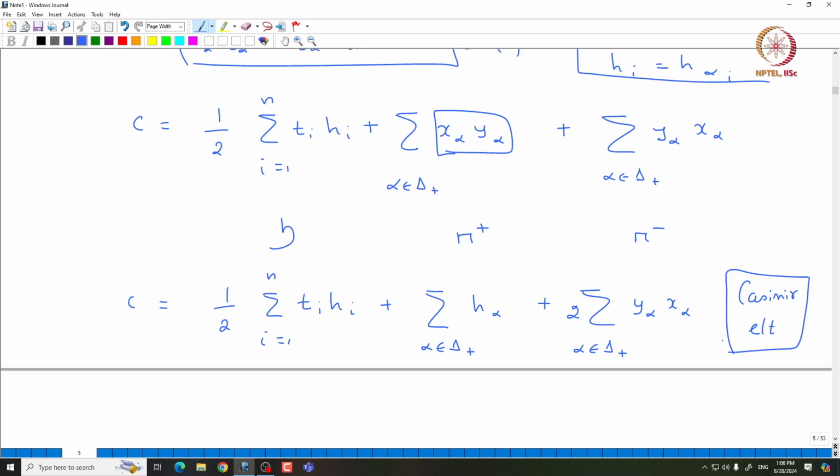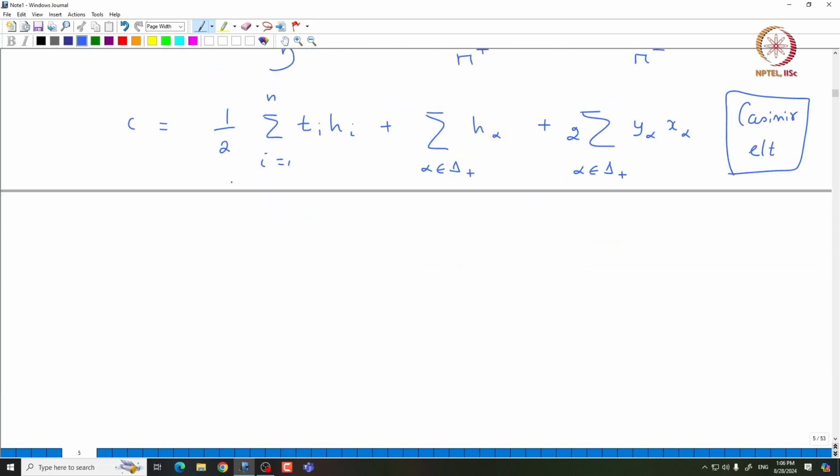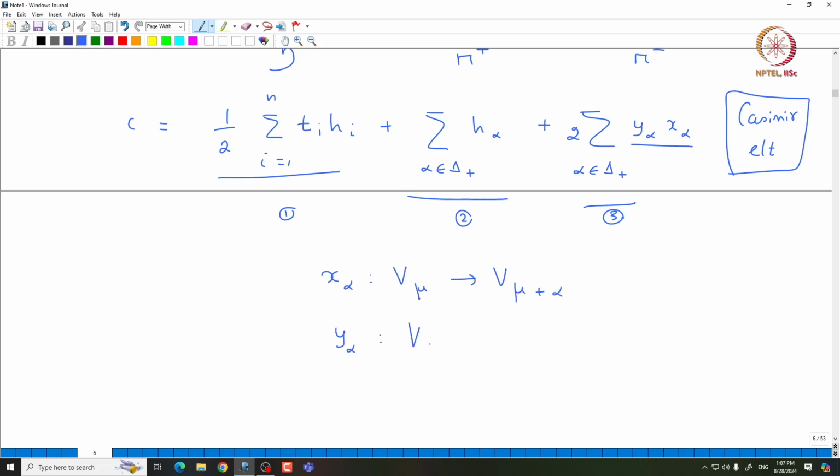So, we are going to use this Casimir element to compute how it acts on V_mu, and then we will compute the trace of this. Okay. To do that, let us call this the first summand, this the second summand, and this the third summand. Since V_mu is the mu-th weight space, the elements of the Cartan subalgebra h will leave it invariant, and here we have y_alpha x_alpha. So, x_alpha is going to map V_mu to V_(mu plus alpha), and then y_alpha is going to map V_(mu plus alpha) back to V_mu.